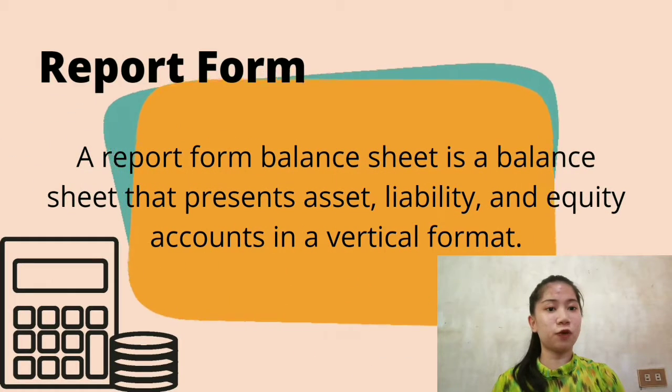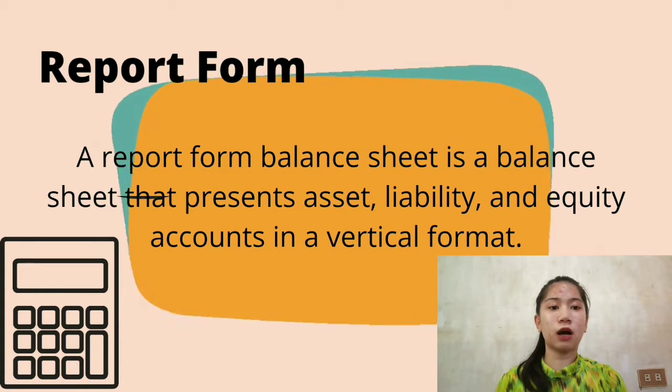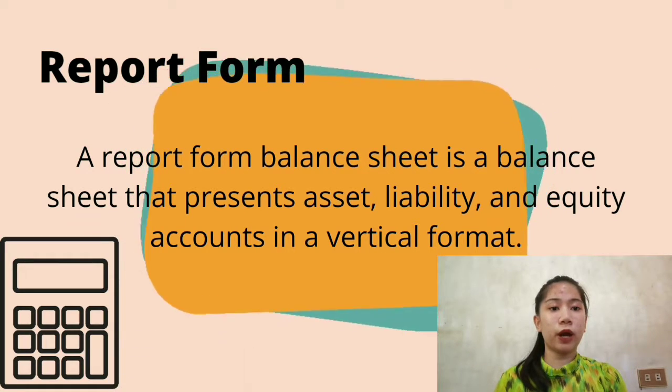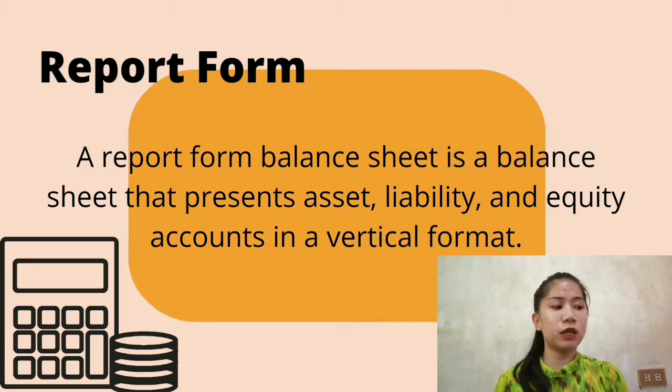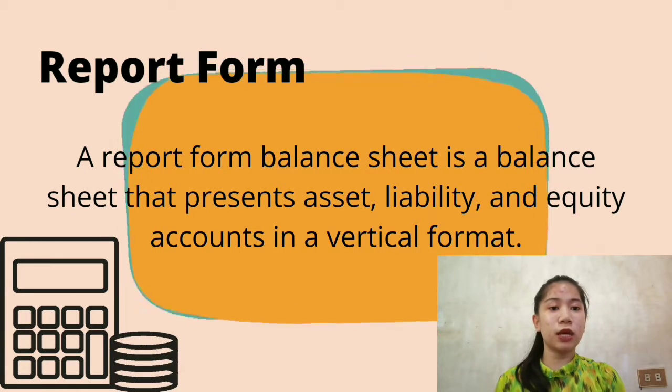Next is the report form. The report form is still a format in writing a statement of financial position, where it presents the asset, liability, and equity in a vertical manner.